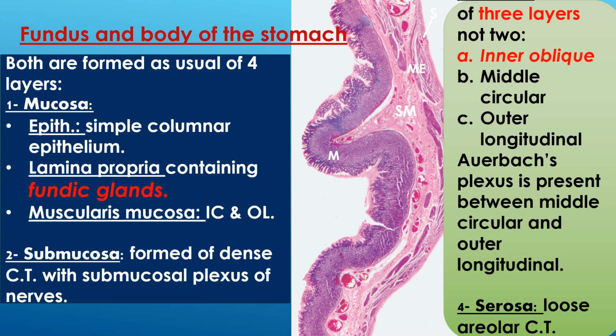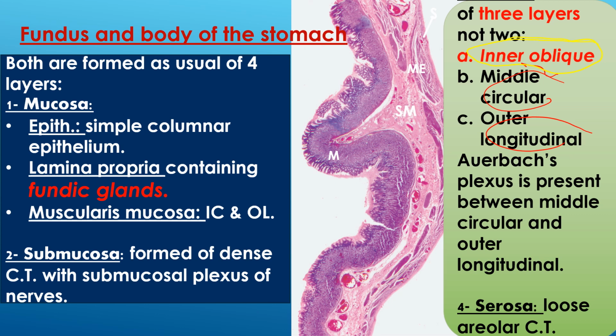Why? In order to mix the swallowed food with the digestive enzyme and HCl. So inner circular and outer longitudinal smooth muscle fiber is not enough. We are going to add another muscle fiber, which is an inner oblique layer, in order to help the stomach to digest food in all directions.